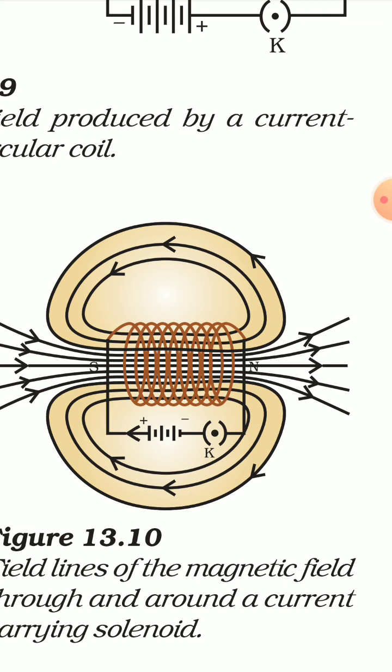So the magnetic field lines formed around a solenoid are exactly similar to the magnetic field obtained around a bar magnet. So this is the pattern.